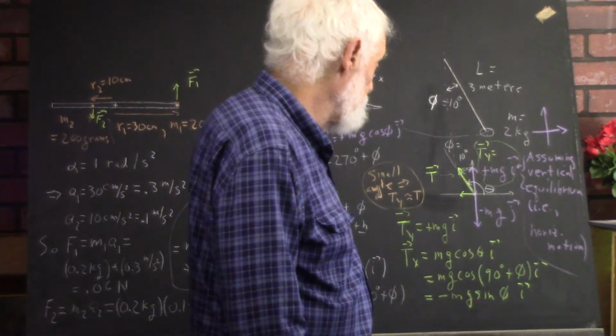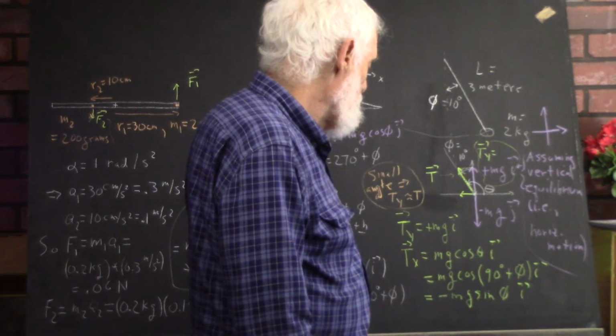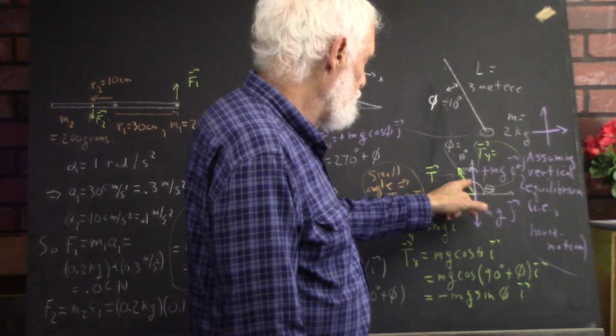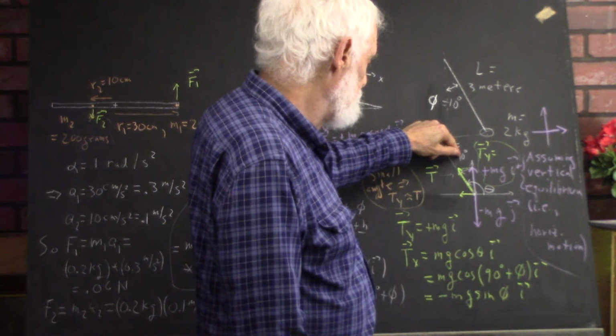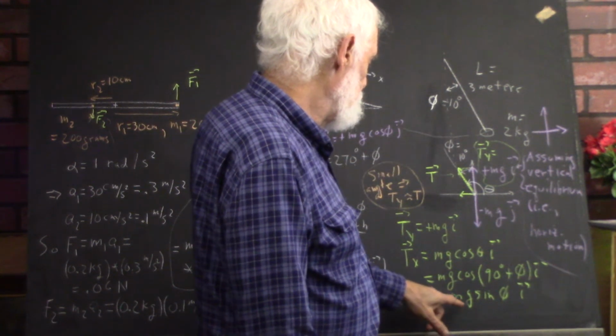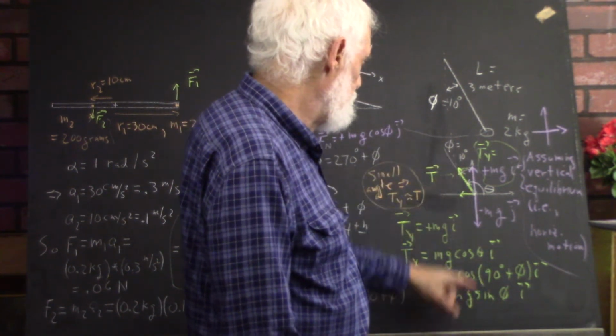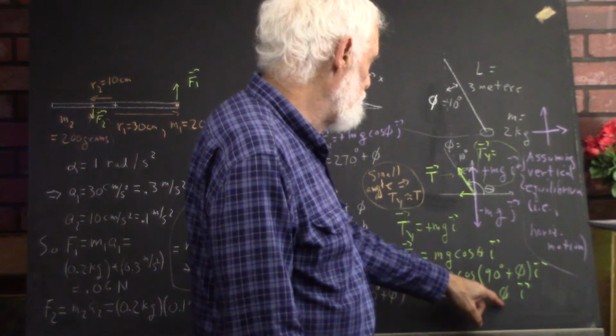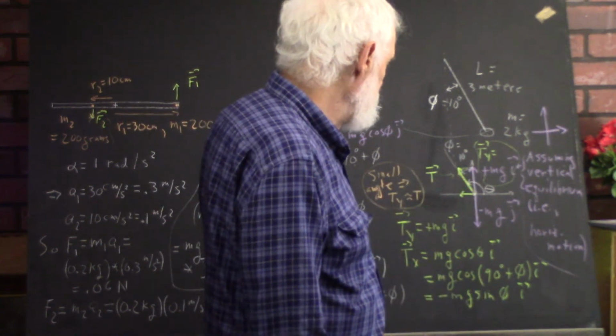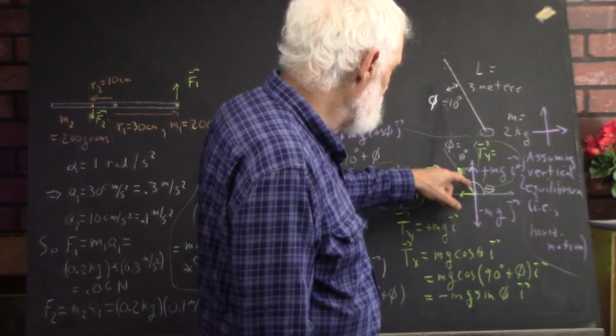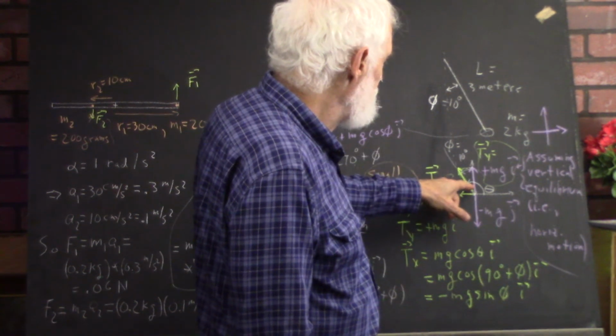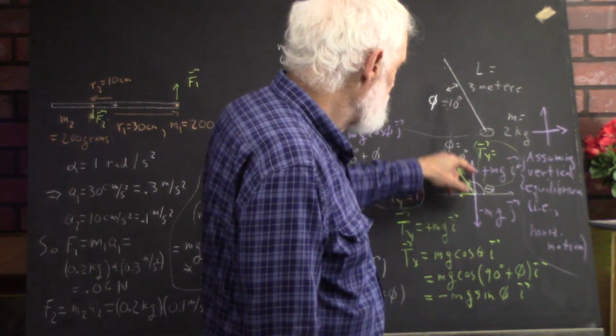It's important to understand. Now I use the angle theta. You could use the 10 degrees if you wanted to, and that would be your angle phi. And you'd have mg sine phi. Look at that triangle. You see that the sine is the, well, first of all, here's your 10 degree angle here.